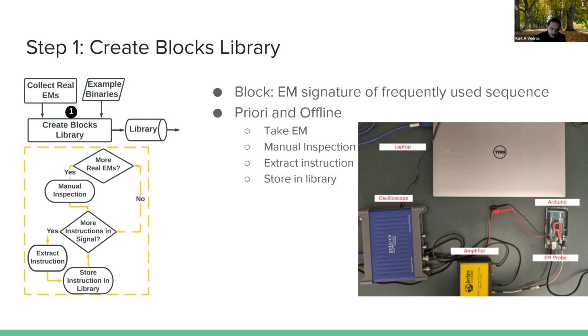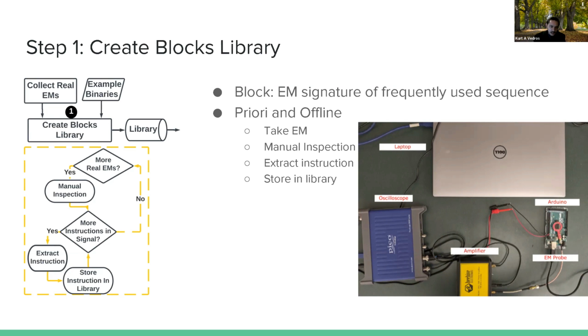To be more descriptive, the overall process of this step is to capture the real electromagnetic signals from various programs whose binary codes are known, and as a collective, these programs contain a sample of every possible executed sequence. Afterwards, one of the full program's electromagnetic observations goes through a manual inspection to identify the location of each instruction.